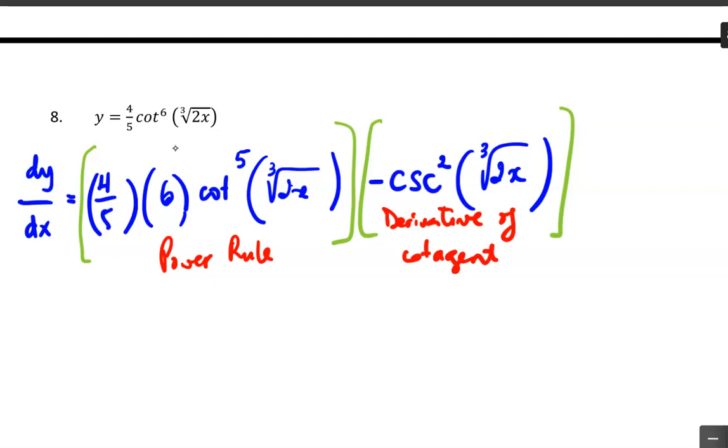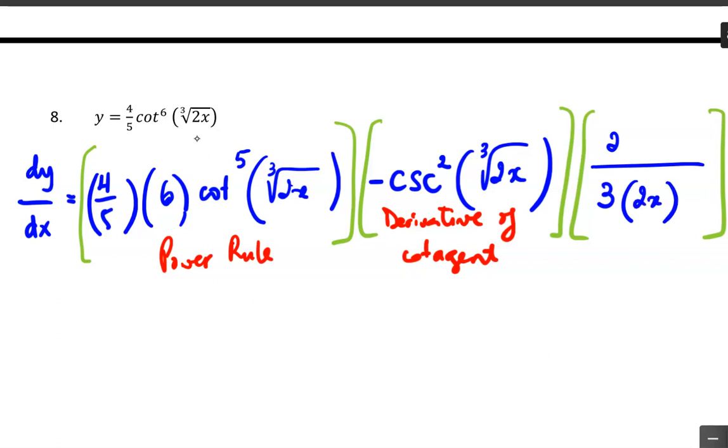Alright, so the last step, as you all know, is you need to multiply by the derivative of the argument. Okay, the derivative of the argument, cube root of 2x. So I will write it here for everyone. And then what I will do is I will do a detailed step in a minute. So it will be 2 over 3 times 2x, all of it to the exponent 2 over 3.